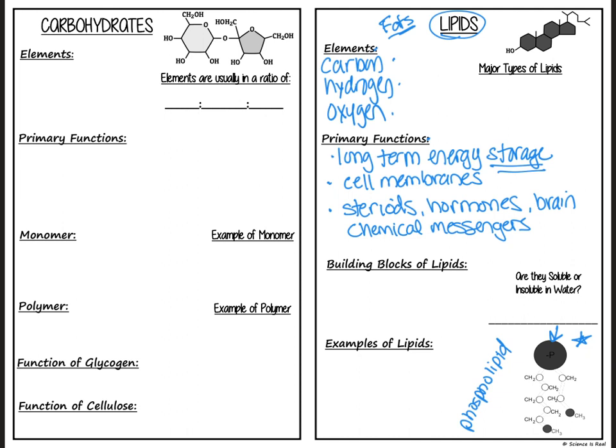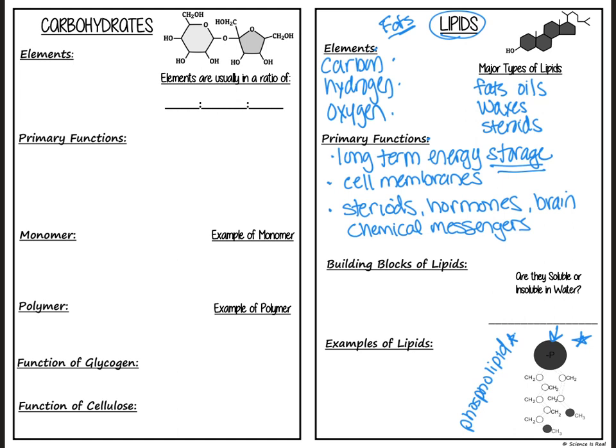And the major types are fats and oils. Sometimes we have waxes that are important for waterproofing and protection. And then, like we mentioned before, steroids, and again, those phospholipids.